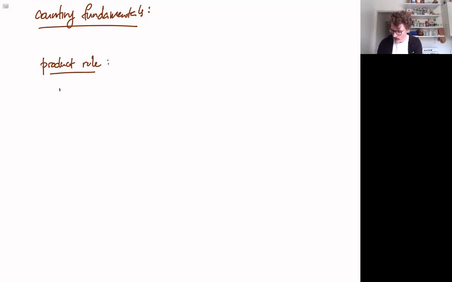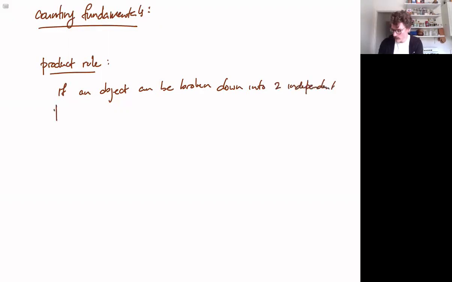So if an object can be broken down into 2 independent pieces, and you can count how many options you have for each piece.